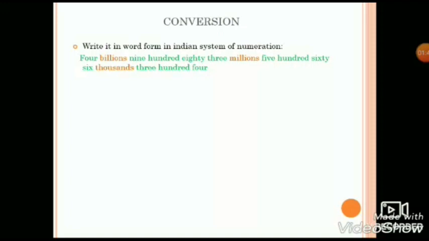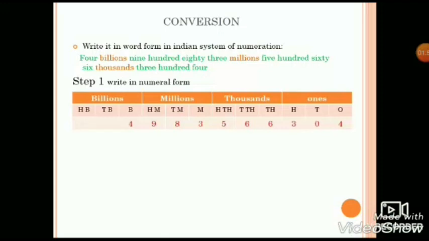So it's a very big number. How to convert? Now for step 1, first we have to write its numeral form. First we will write the numeral form of this word form. So it will obviously be written in the international system of numeration. So it is 4,983,566,304, and we have written that.